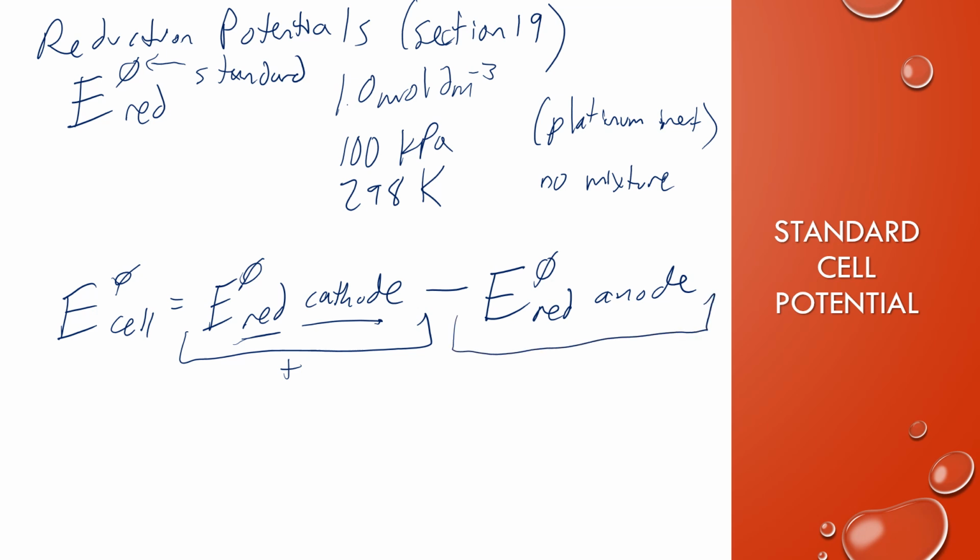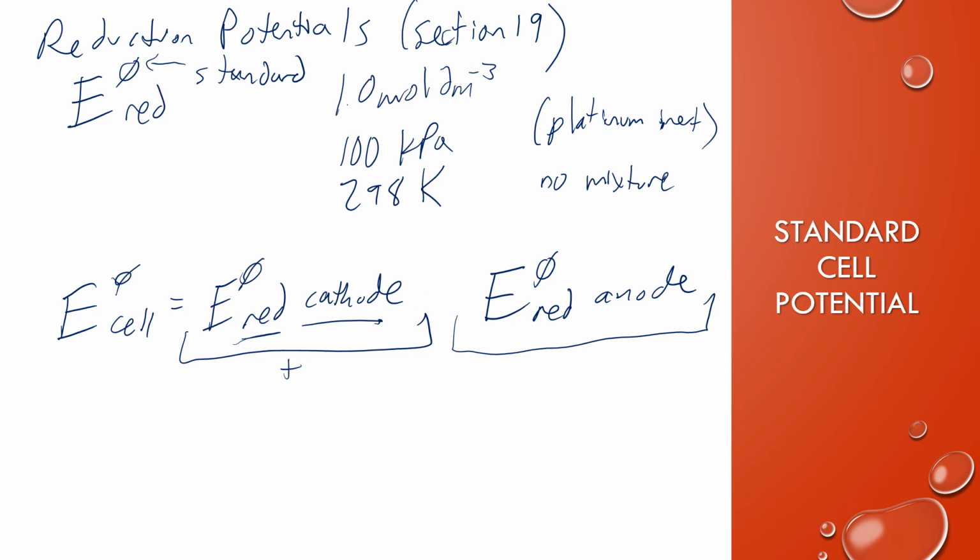Our anode is going to be subtracted because it's not reduction that's happening at the anode, it's oxidation. So we have to flip the sign, or subtract the reduction potential from your data booklet in order to find your overall cell potential.